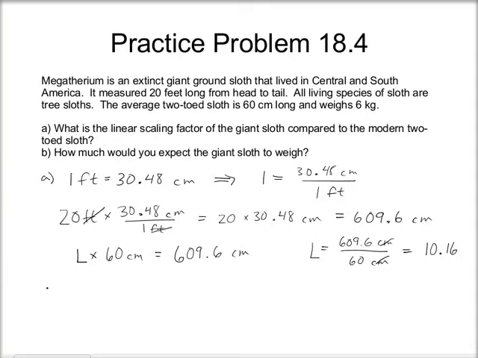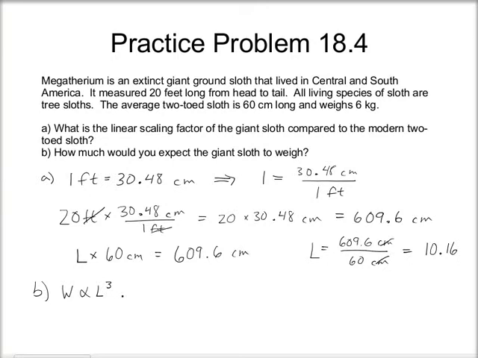For part B, we want to know how much you would expect the giant sloth to weigh. And we know that weight scales like volume, so weight is proportional to L cubed.